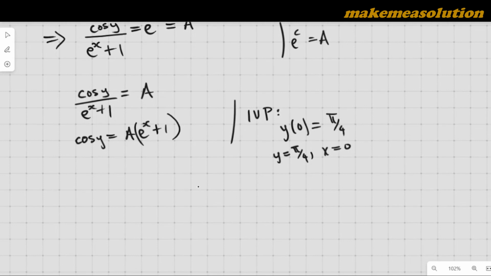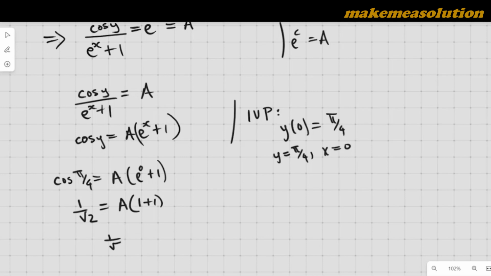Applying this, you have cos pi over 4 is equal to a times exponential 0 plus 1. Remember that cos pi over 4 is the same thing as cos 45, which is 1 over root 2. And you have a into what? Exponential 0 plus 1, which is 1 plus 1. So we have 1 over root 2 is equal to 2a.